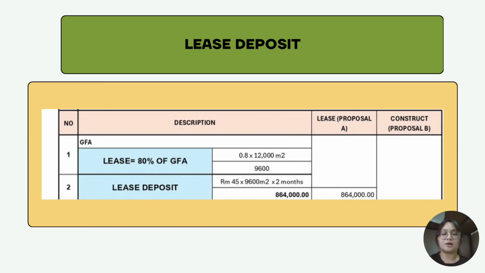After that, to count the lease deposit, we take 45 ringgit times 2 months, times 9,600, which is 80% of the usable area. So we get the lease deposit of around 864,000.